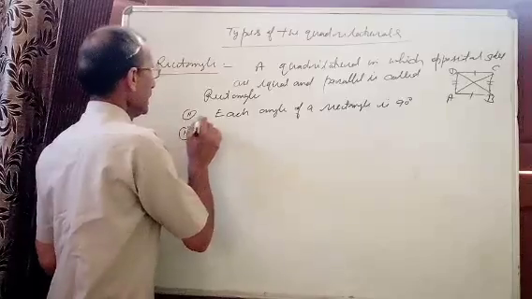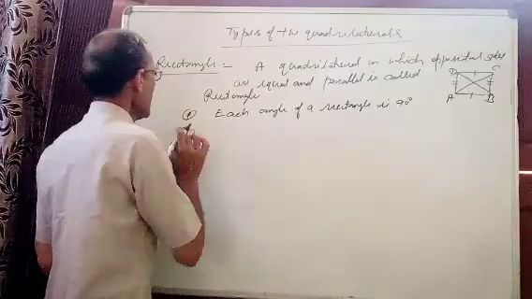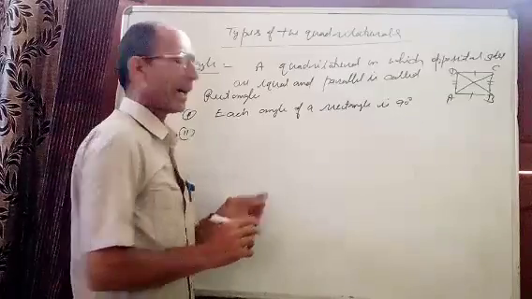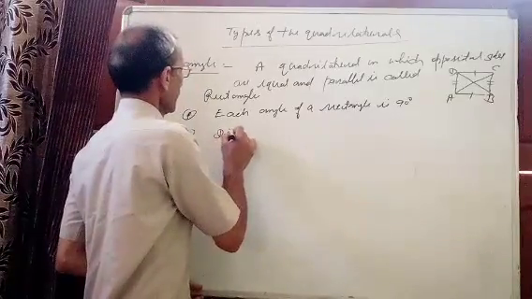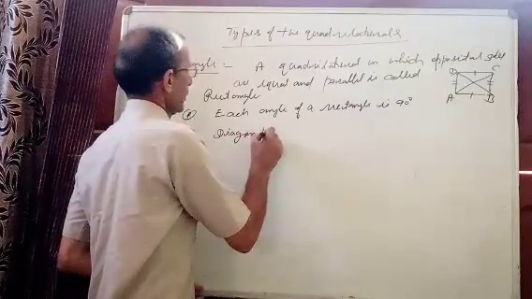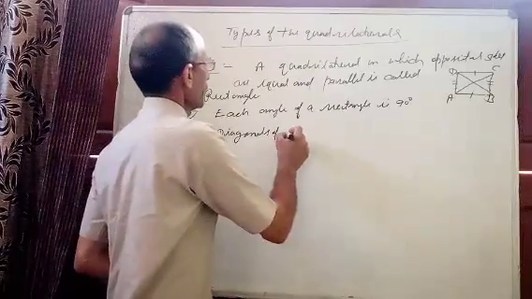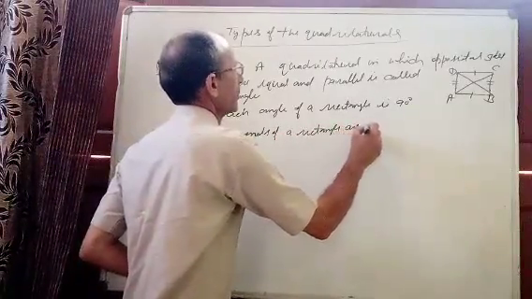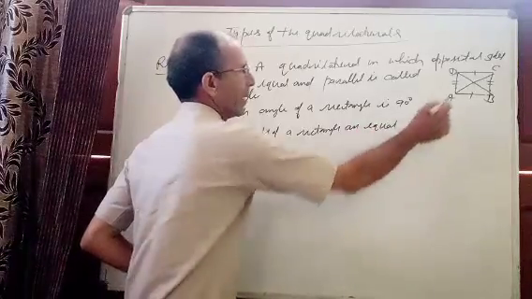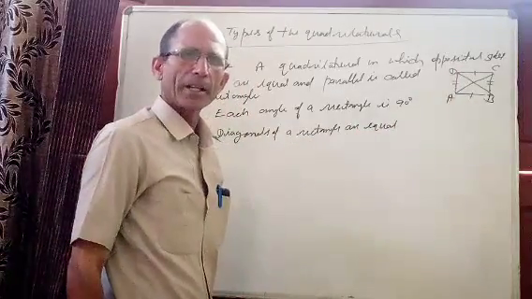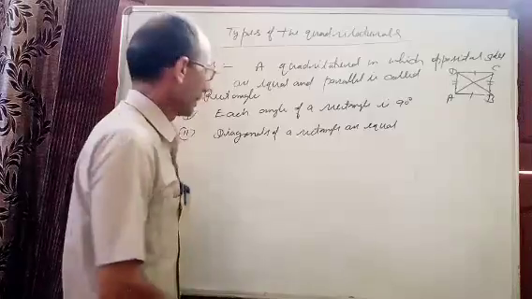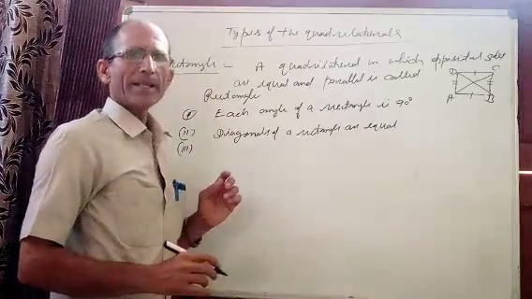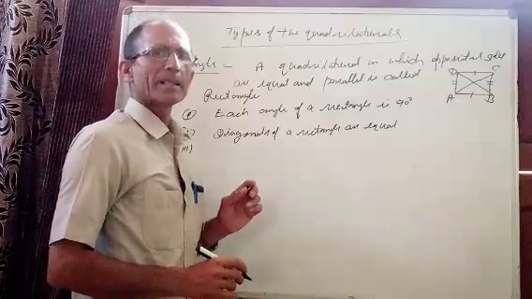Next property, this is first and this is second. Diagonals of a rectangle are equal. Understood? Next property. Diagonals of a rectangle bisect each other.